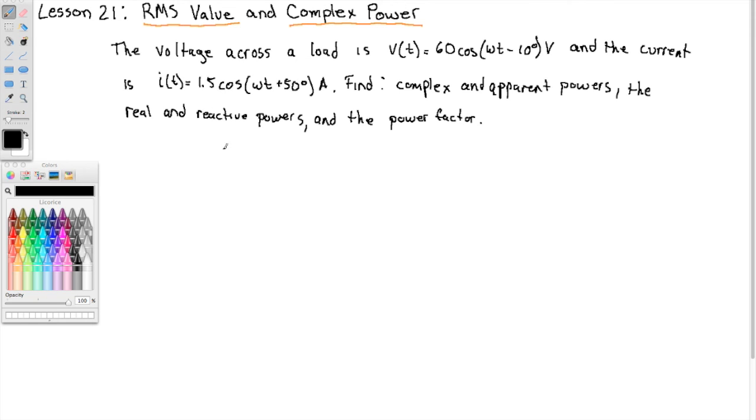Alright, so the RMS values might come in handy here. Let's just note that the RMS phasor, so I've got an amplitude of 60, right? So the magnitude of the RMS is 60 over square root of 2, and the voltage has a minus 10 degree angle. Right, so there's the RMS value for the voltage, and the current similarly is 1.5 over square root of 2 angle 50 degrees.